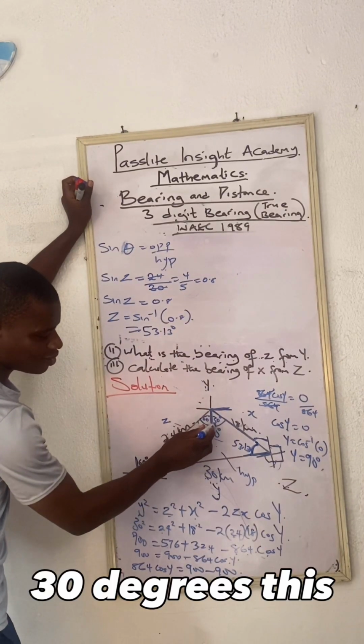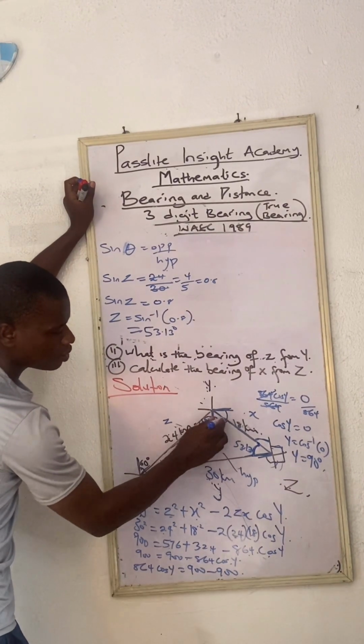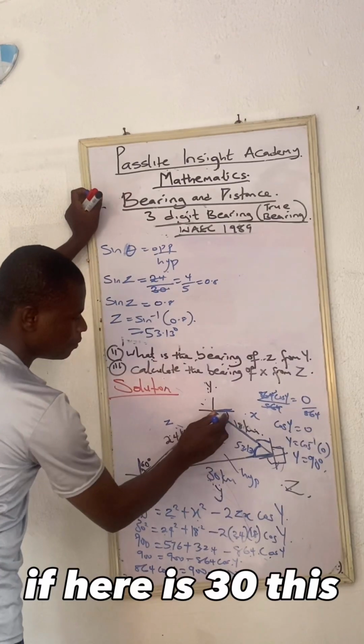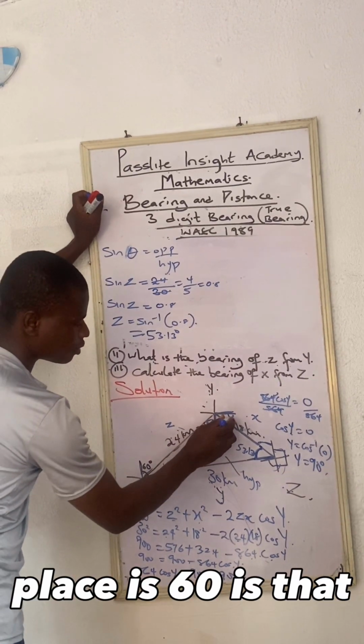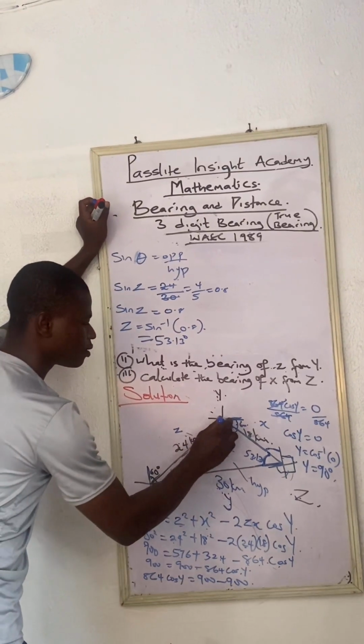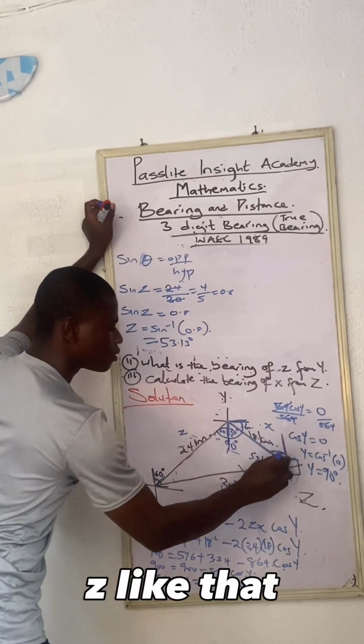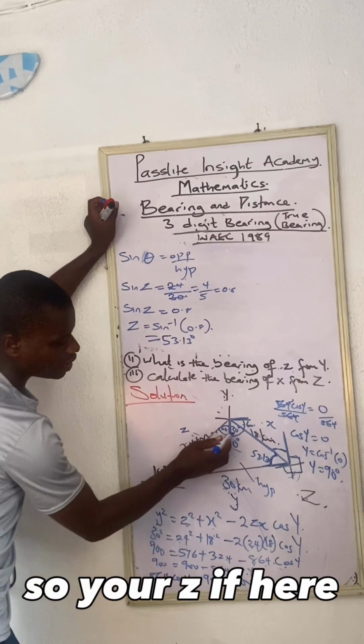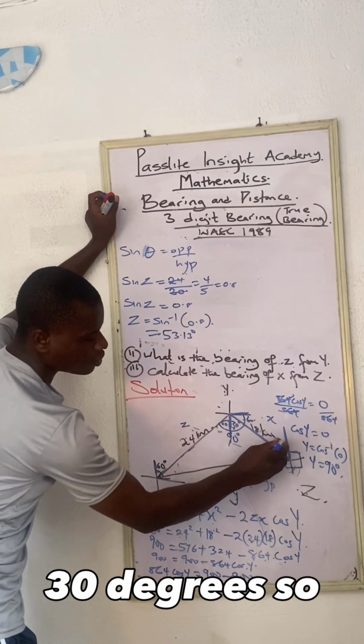If here is 30 degrees, this place is 60. So let's draw our Z. This is Z. If here is 30, this place is 30 degrees.